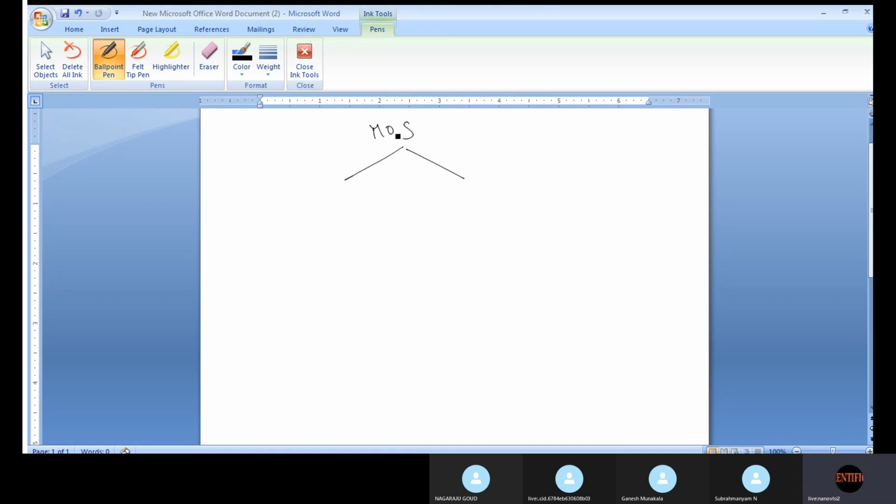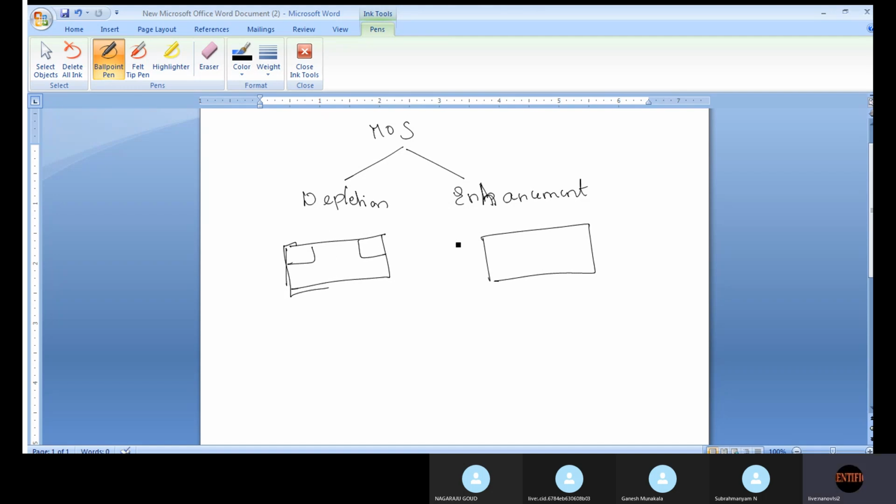Any MOS, if you take NMOS or PMOS, it will be of depletion and enhancement. These are the two flavors, two types. I will write from depletion. Depletion mode MOSFET, normally, I will show you the difference.